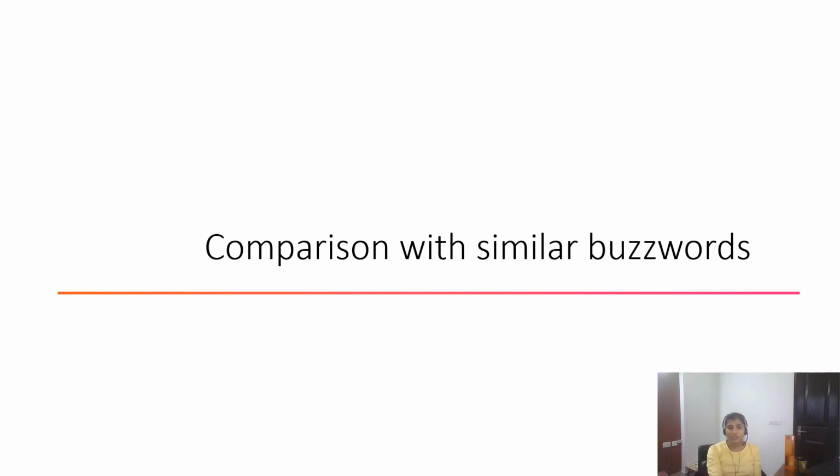What is artificial intelligence? There are many definitions of AI, and here's the one which I think is very good. AI involves machines that can perform tasks that are characteristic of human intelligence, and this is given by John McCarthy. The statement is general but implies a lot of things.